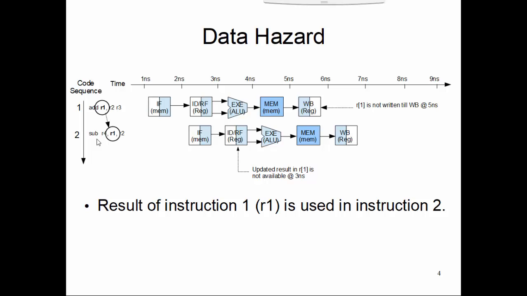So we need to do something about this, and this is what data hazard means: the result of instruction 1 is used in another instruction before it is committed into the register file. That's the problem. How do we solve it?